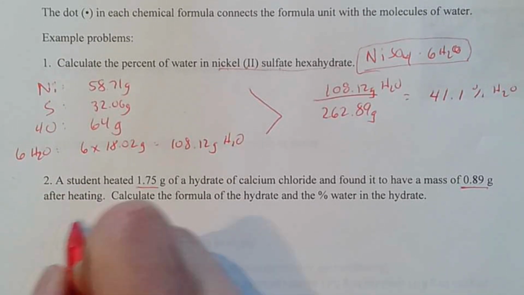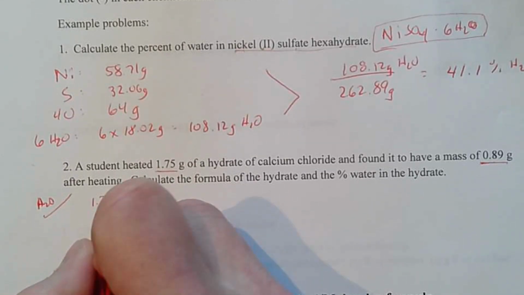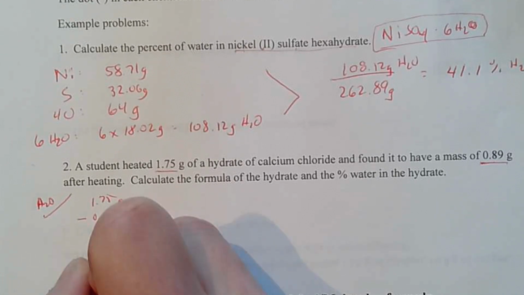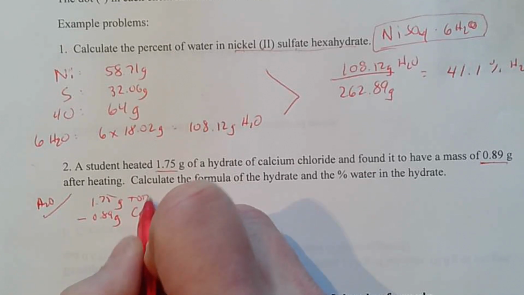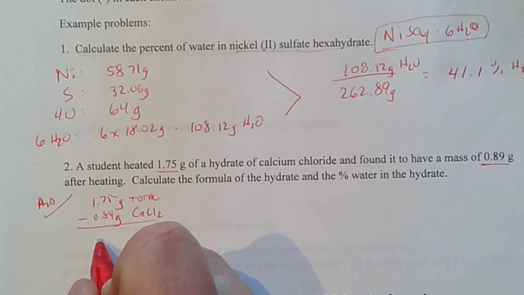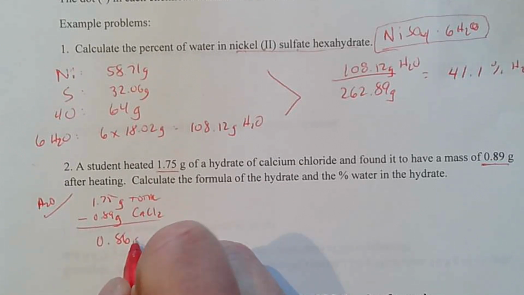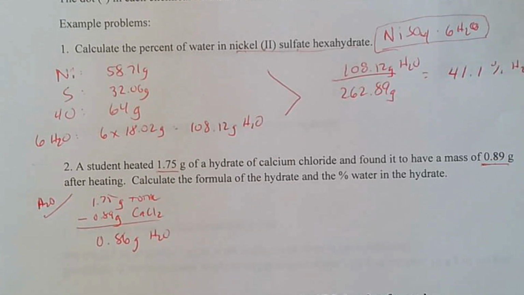So the mass of the water is the 1.75 grams they started with minus the 0.89 grams of the calcium chloride. So now we've been able to determine that of that 1.75 grams that we started with, 0.89 grams was calcium chloride, 0.86 grams was water.